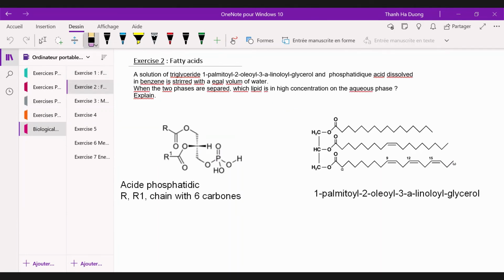Second exercise. You have a triglyceride and a phosphatidic acid. So you have in this molecule glycerol, this is this part, and also this.